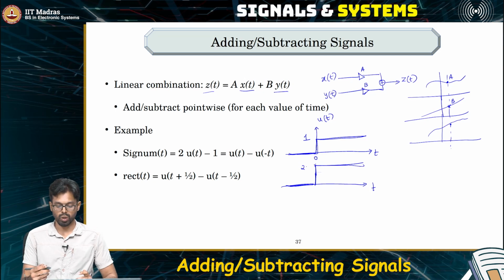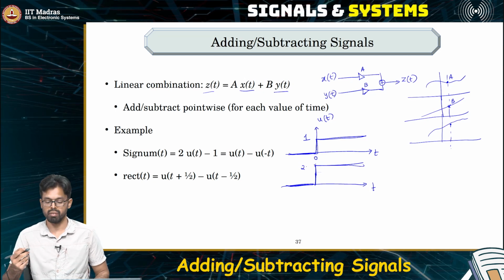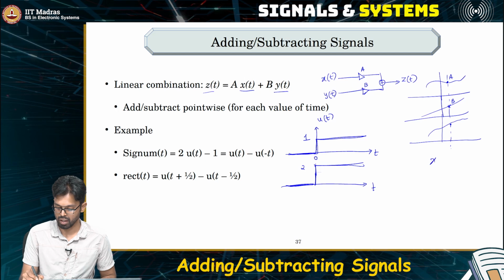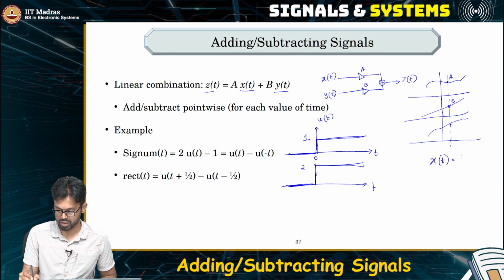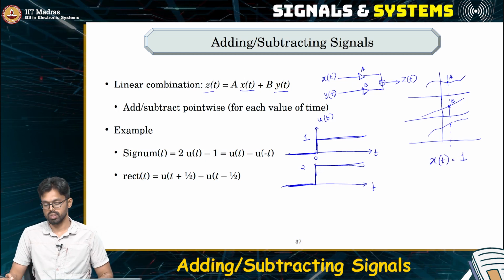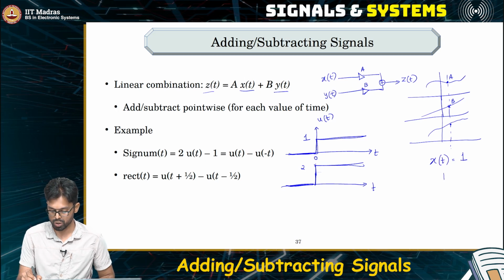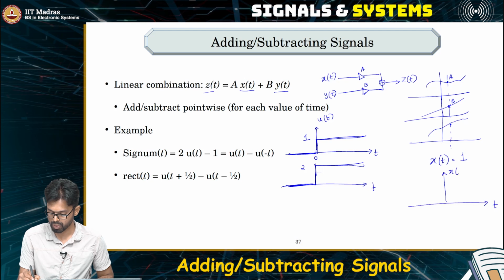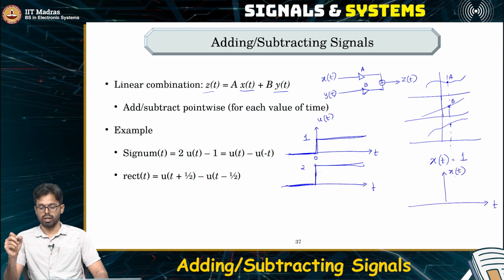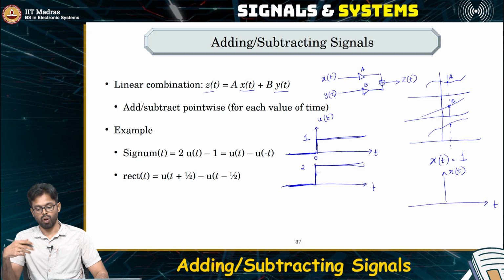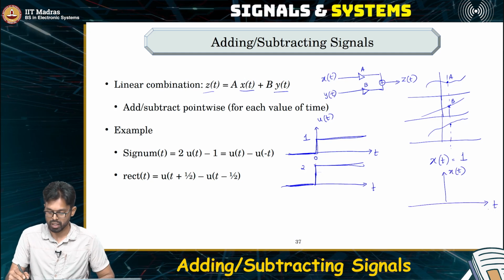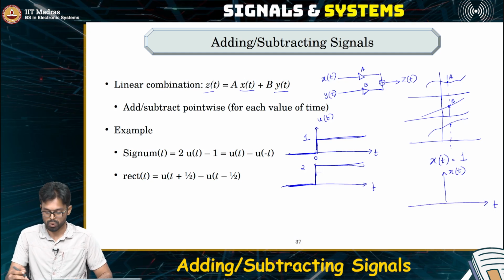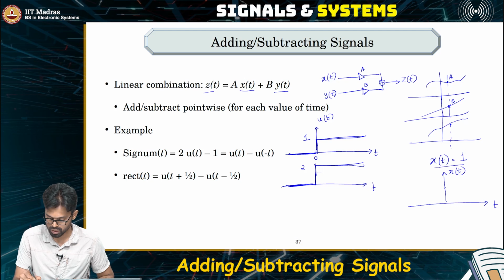And then you subtract 1 from that. What is 1? If I have a constant, if I simply say that x of t is equal to 1, and I ask you to plot it, how would you plot it? Time is t. No matter what t is, if I ask what is the value of the signal at t equal to 0, then according to this equation it is 1.